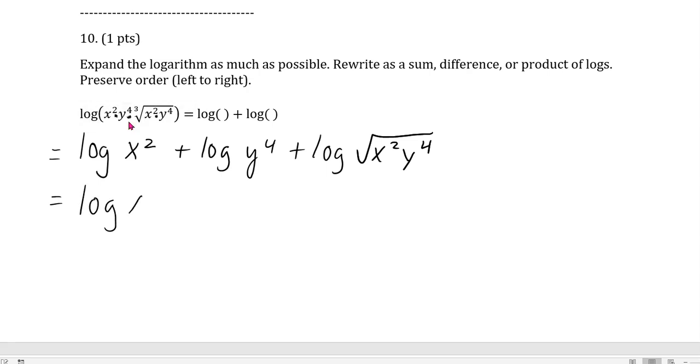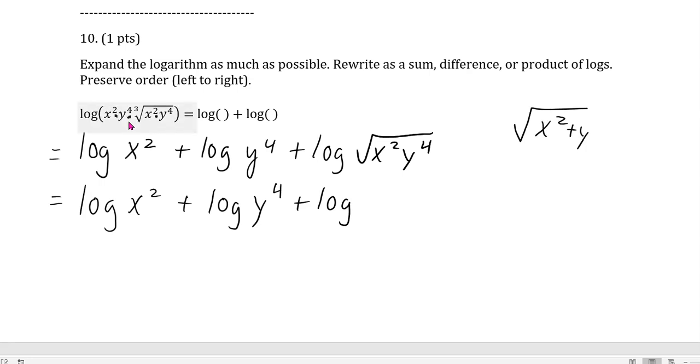Remember that when we have radicals, radicals are fractional exponents. And this becomes log of x squared plus log of y to the 4th plus the logarithm of, coming to the side, we can do our work here to see that we would have x squared times y to the 4th being raised again to the 1/2 power.